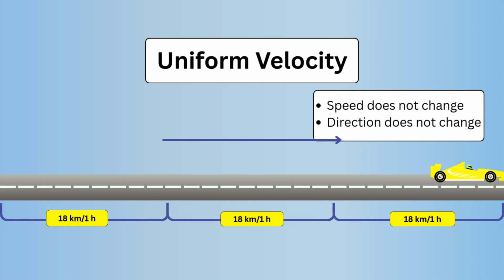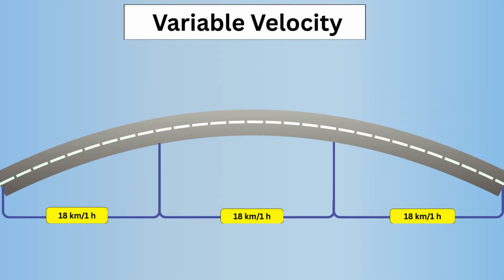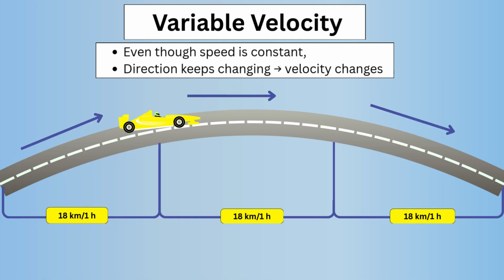Now let's look at variable velocity. Consider another car moving with the same speed, but this time along a curved road. Here, the speed is constant, but the direction changes at every point of the curve. Since a change in direction means a change in velocity, this is an example of variable velocity.